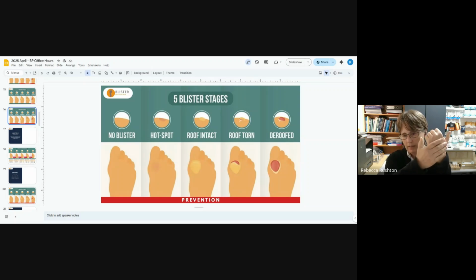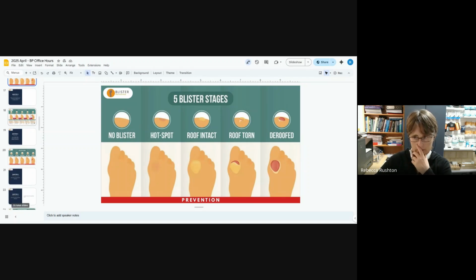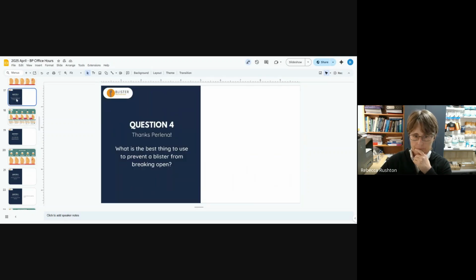It's still happening under there. And that's why you can put a dressing on there and the blister will get worse. What you've got to do is implement the very best prevention you can find for that anatomical location. That is the key to pain relief and getting that blister to heal, even though you've got to put your shoes back on and keep going.